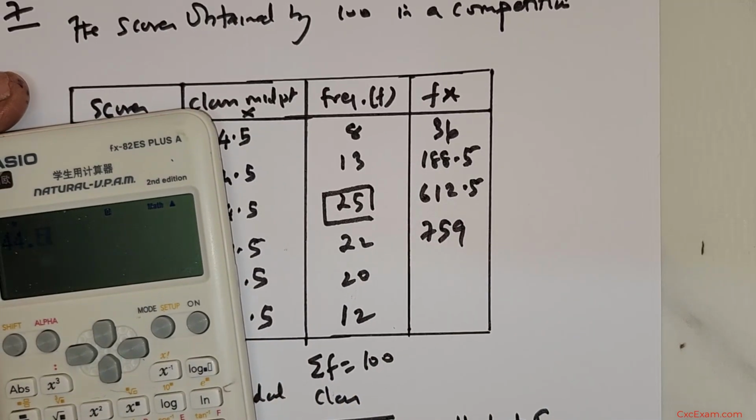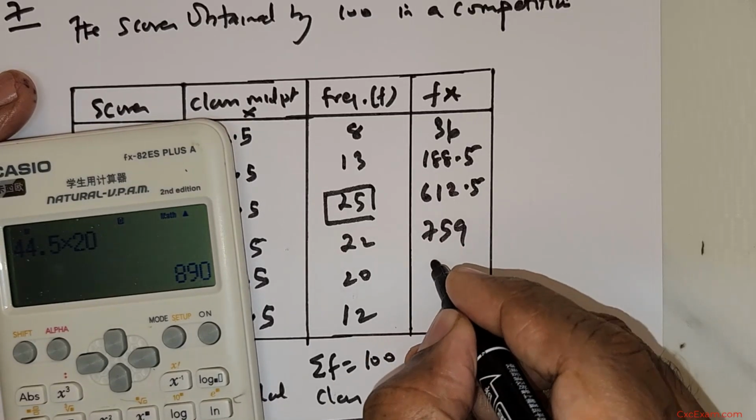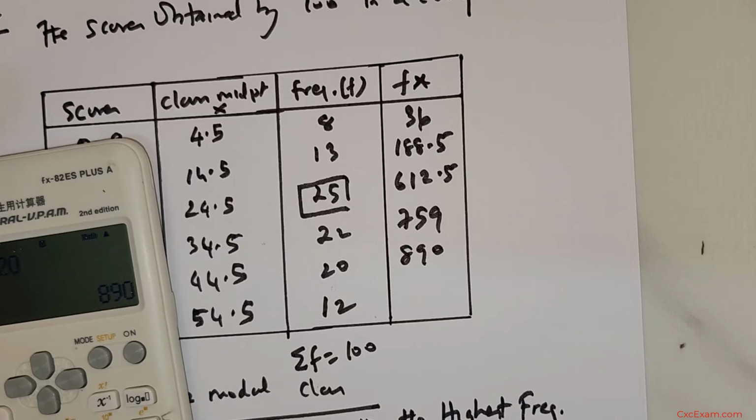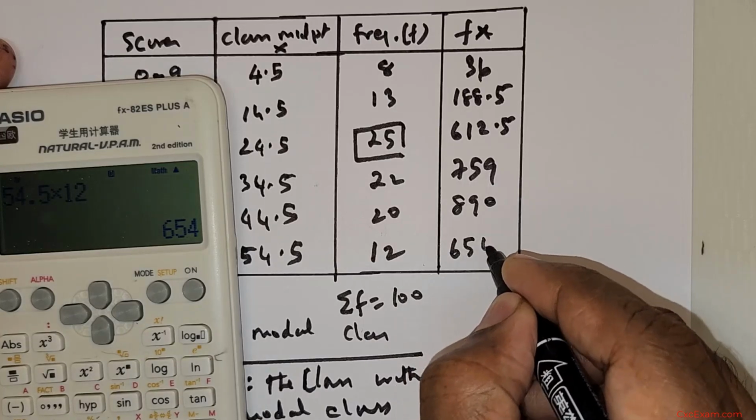Then 44.5 multiplied by 20, 890. Then 54.5 multiplied by 12, 654.